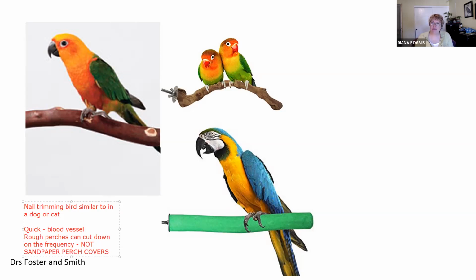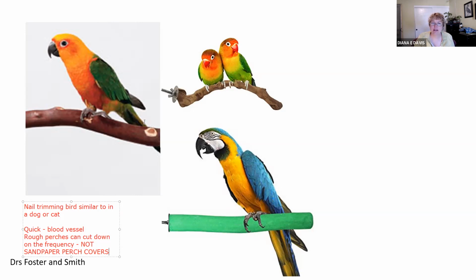Those irritate the feet, but this green perch right here, I think that's made of concrete. It's kind of tough, and that will help the bird wear down its nails a little bit. Ideally, perches should be made of wood.